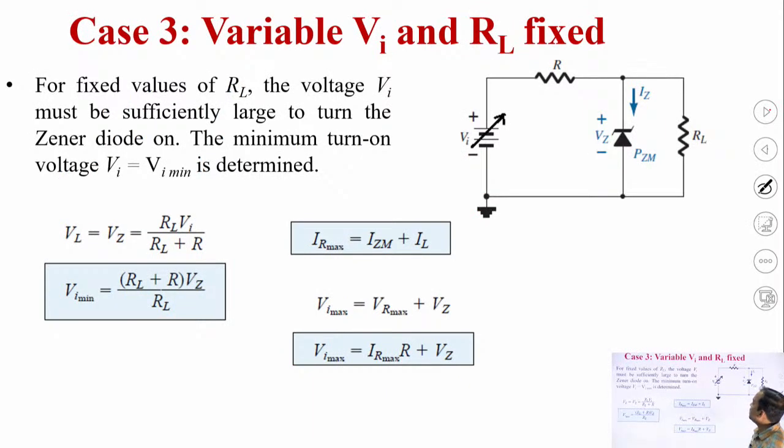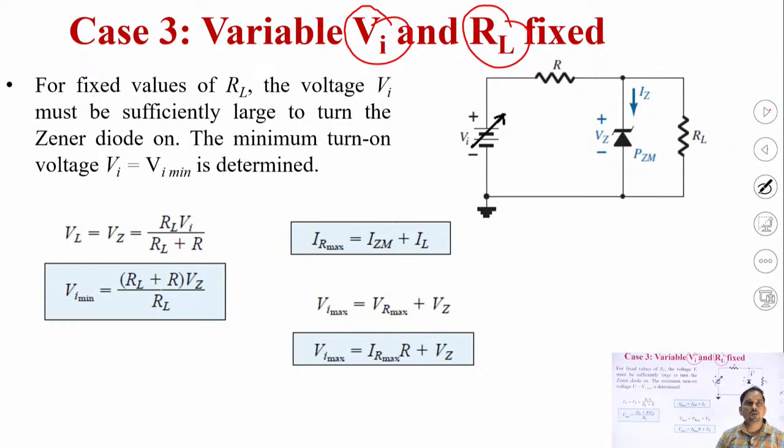In case number 3, as I was telling you, we have the variable input voltage but RL is fixed. The load resistance is fixed but the input voltage is variable. So again we don't need to learn any formula here, we need to apply directly what the voltage VL is when the Zener diode is in on state. This is the minimum condition.